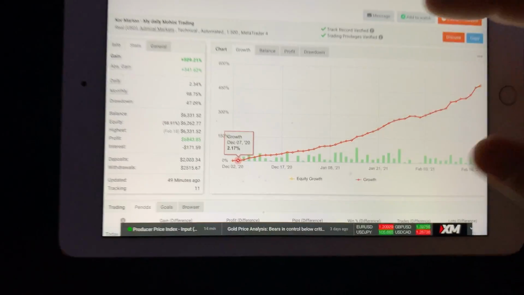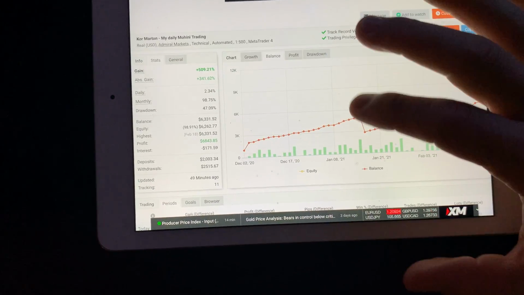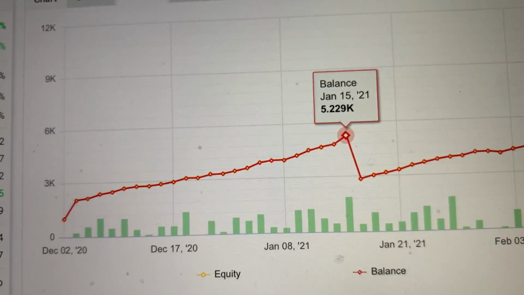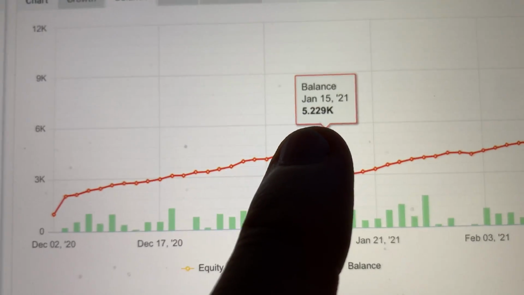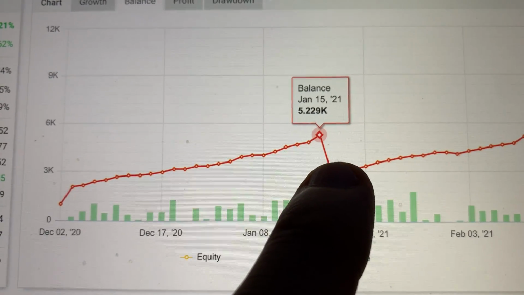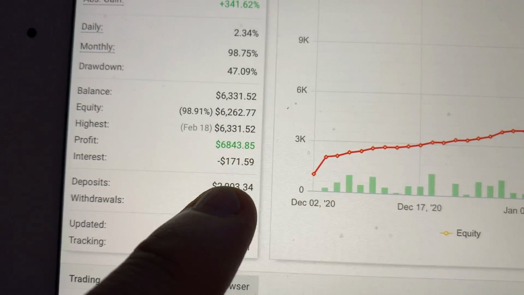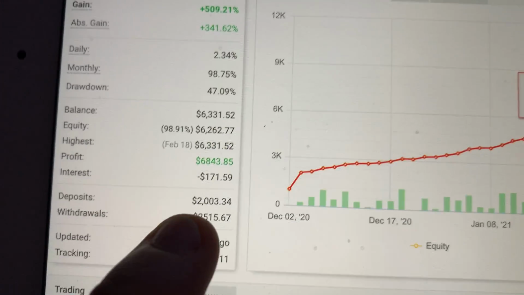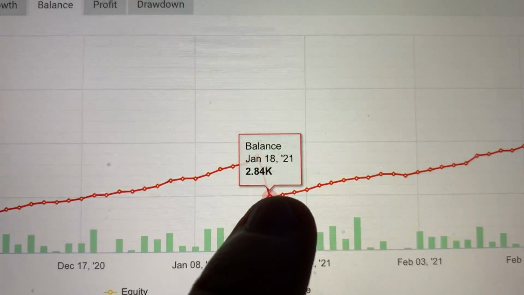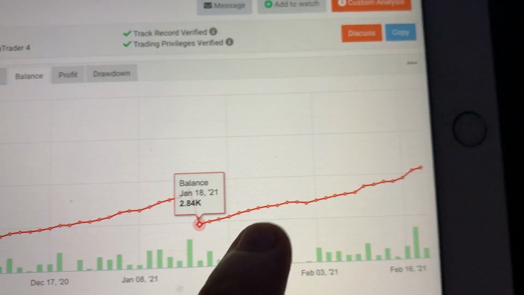And let me show you the change of my balance on the 15th of January. I pulled out. I reached the height of 5,229 US dollars. So I took out 2,500 US dollars, which is my initial profit of $2,000 plus $500, a little bit of bonus to myself from myself. That left me with 2,840 US dollars.